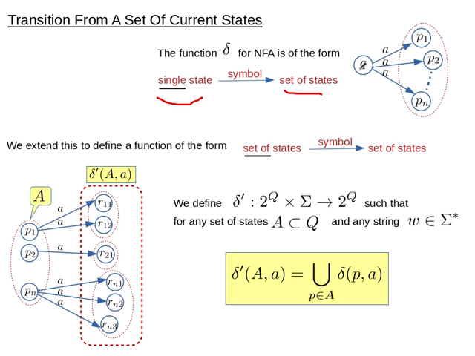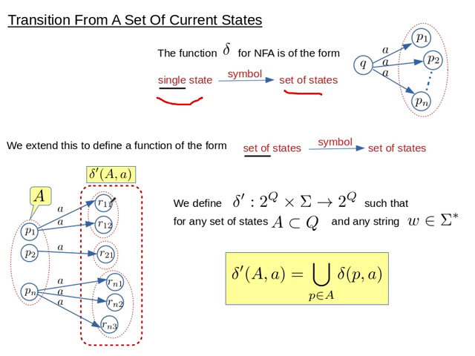Okay, so now we want to generalize this part. So instead of a single current state, we consider a set of current states. Okay, let's call this capital A, and then we ask what are the set of next states.